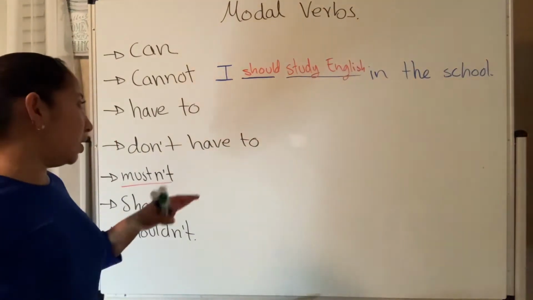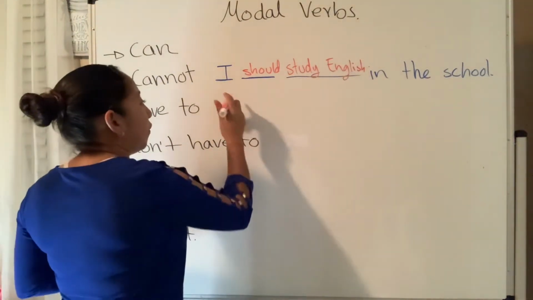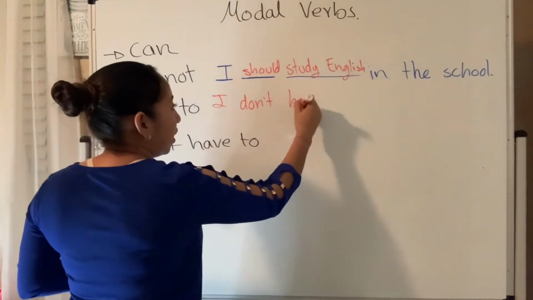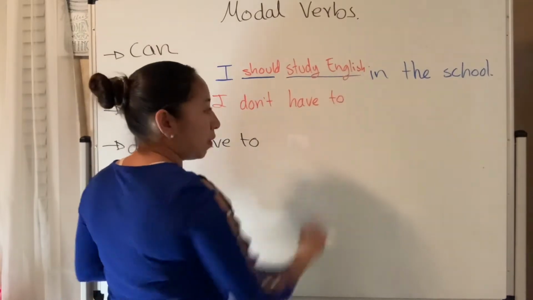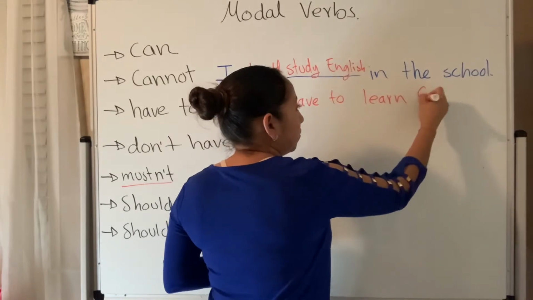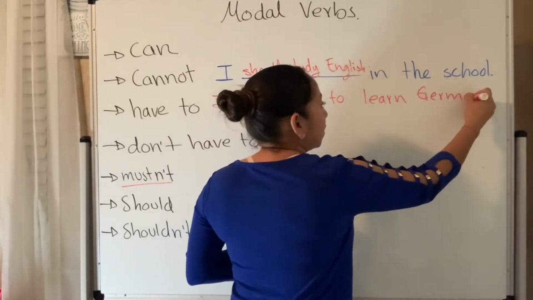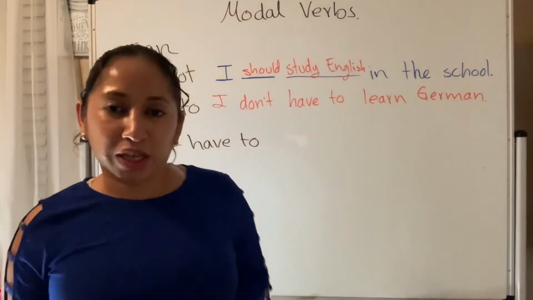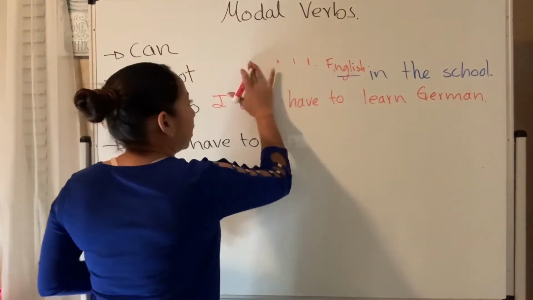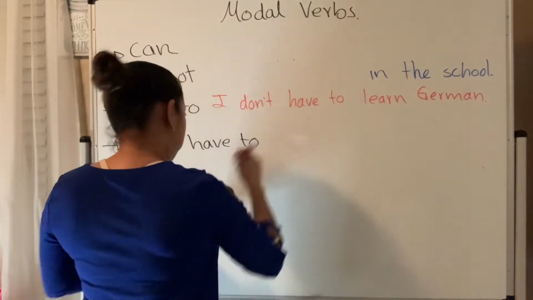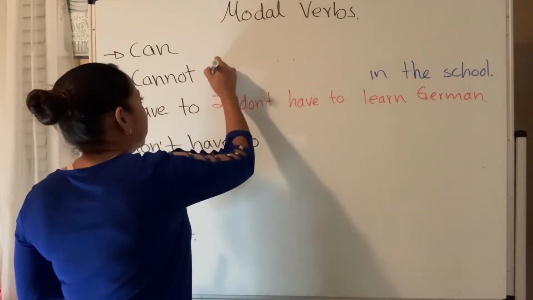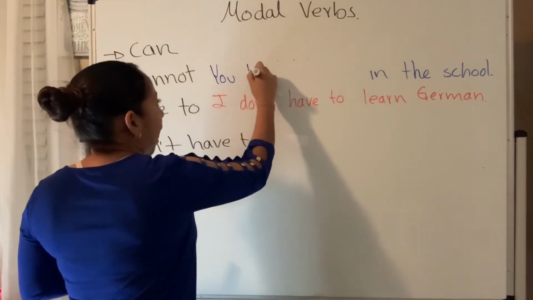If I change this one, for example, if I say I don't have to study, or I don't have to learn German, in this case the meaning changes. Well, I'm gonna write this full sentence.